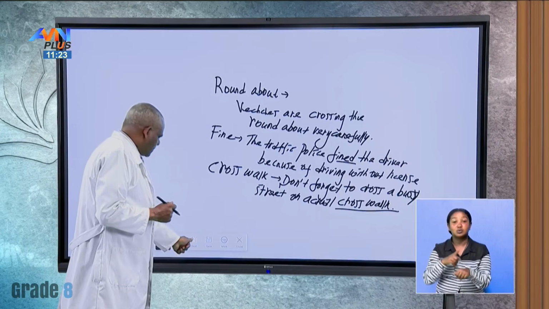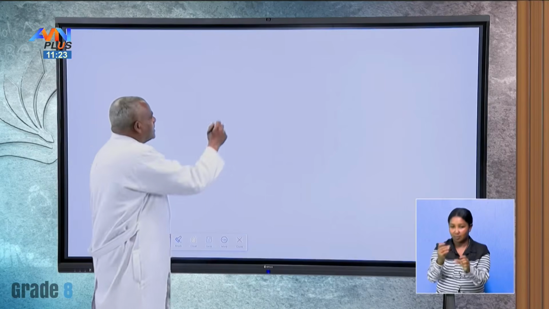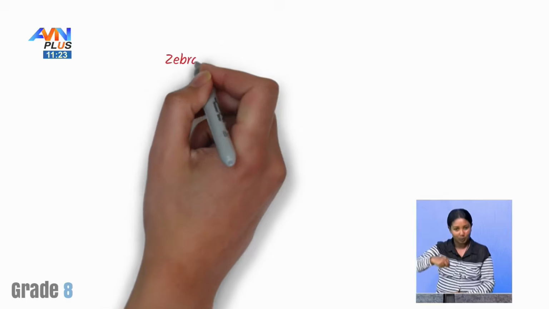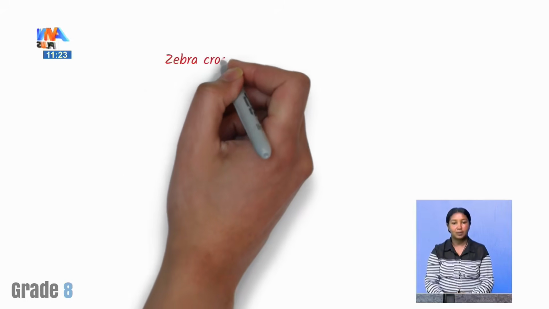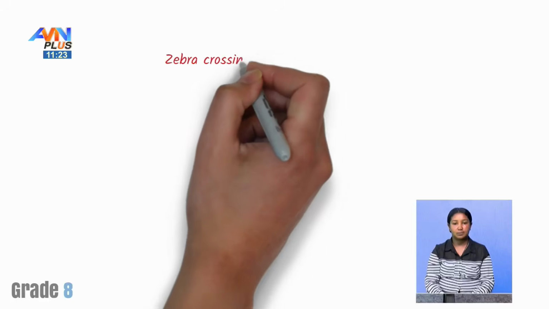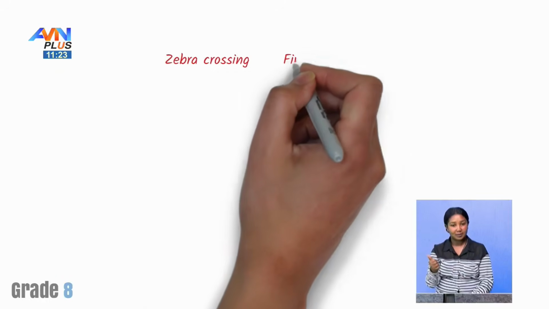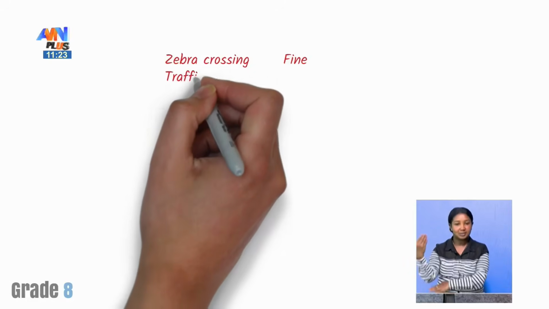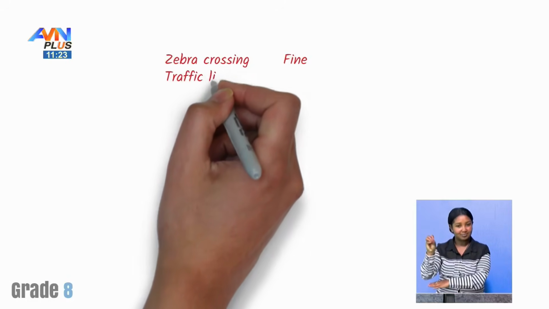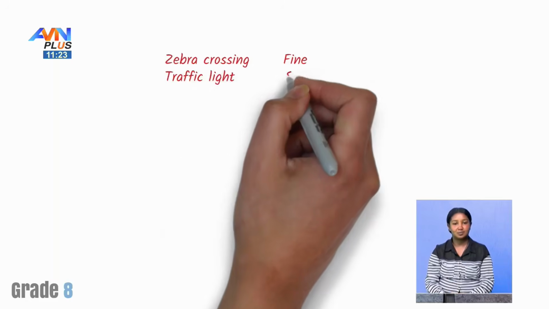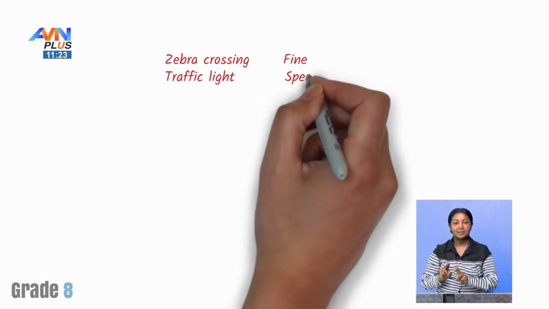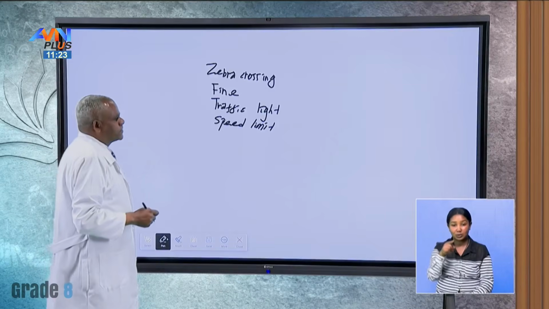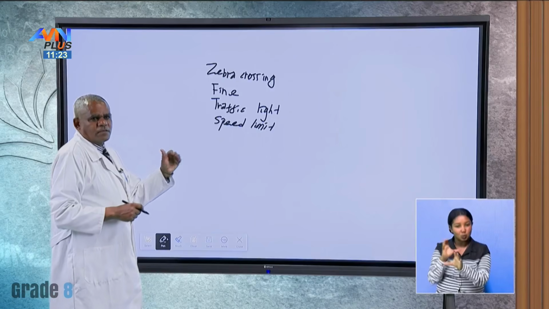Next to this, I'm going to give you activities. Now, let me write these words: zebra crossing, and then fine, and then traffic light, speed limit. Use these four words to complete the given spaces.